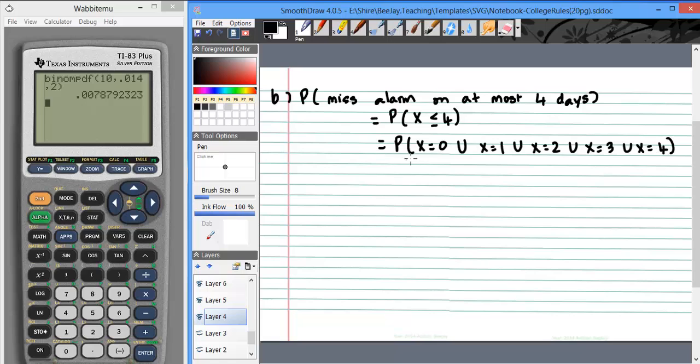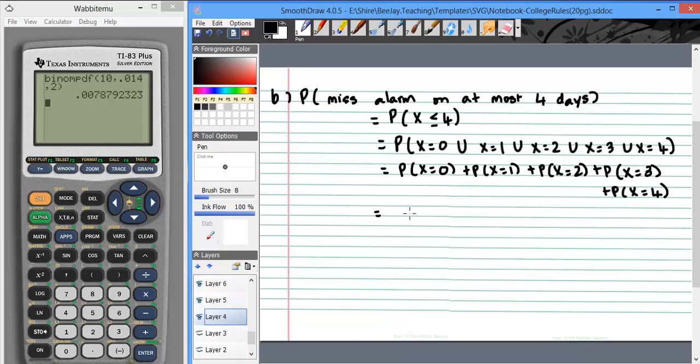And since all of these individual events are disjoint, we can split it up and write it as probability x is equal to 0 plus the probability of x is equal to 1 plus the probability of x is equal to 2 plus the probability of x is equal to 3 plus the probability of x is equal to 4.